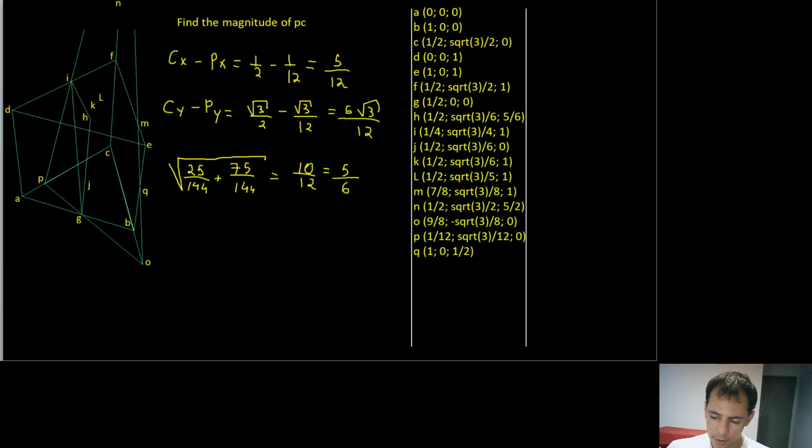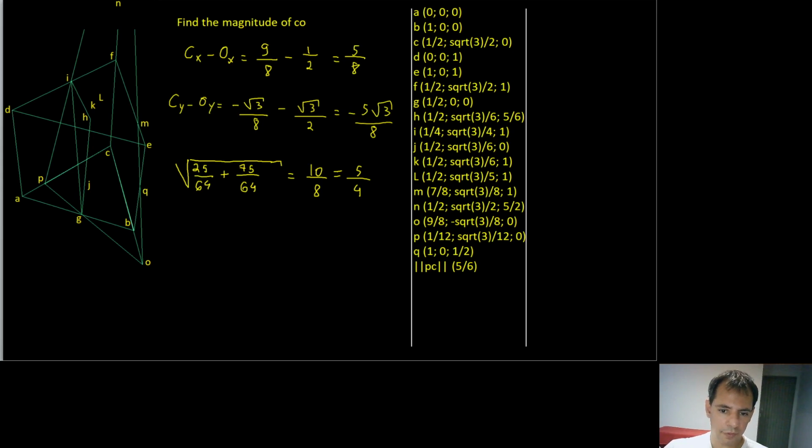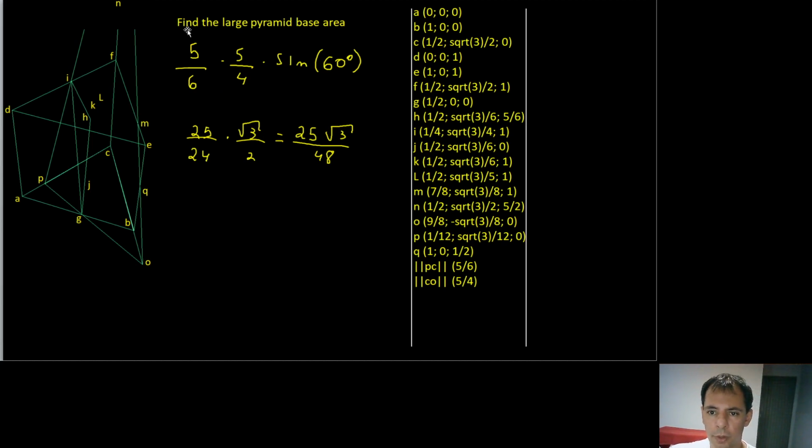The same way I'm going to find the length of CO right here. And now I have two sides. I know how long PC is and I know how long CO is. Now to find the area of this base, this triangle P, C, and O, all I gotta do is use this formula, find the large pyramid base area, okay?